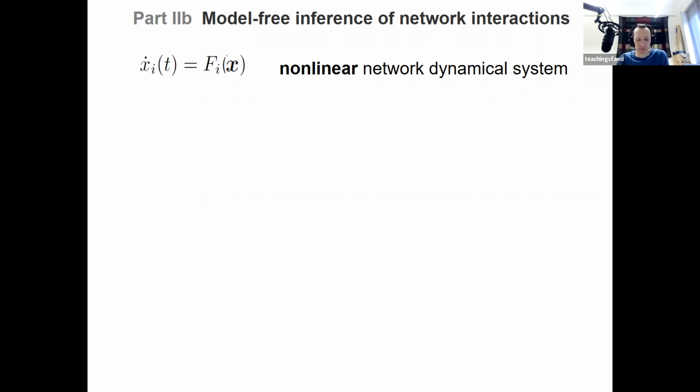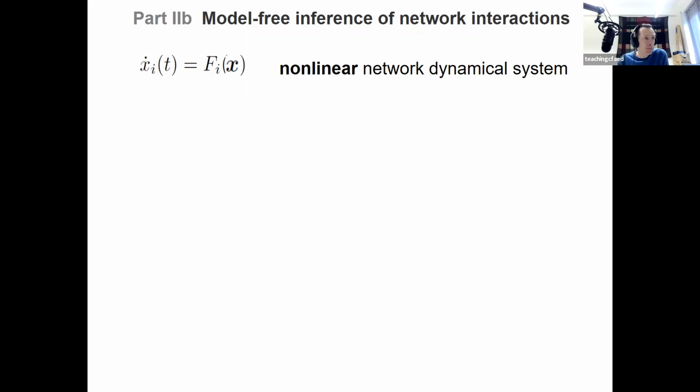It's the number of nodes. Today we will refocus and ask for the edges. We will not ask specifically for the functional form of the coupling functions, but just about the presence or absence of edges between pairs of nodes.